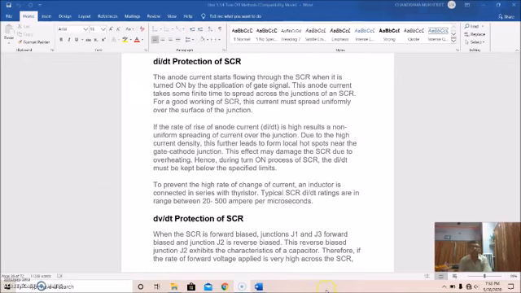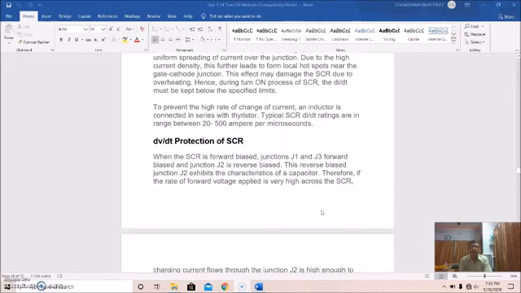To prevent this high rate of rise of the current, a DIGT inductor is connected in series with the thyristor. Typical SCR DIGT ratings are in the range between 20 to 500 amperes per microsecond. So that's all about DIGT.